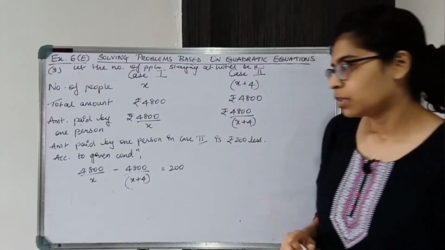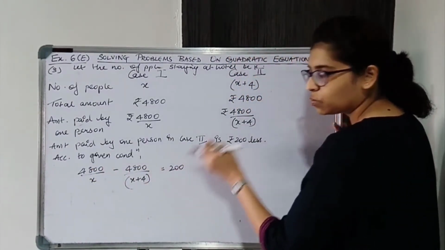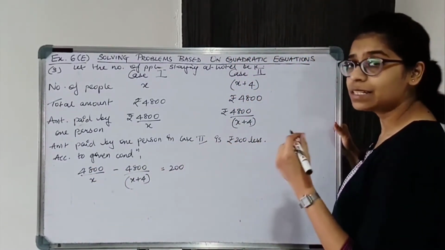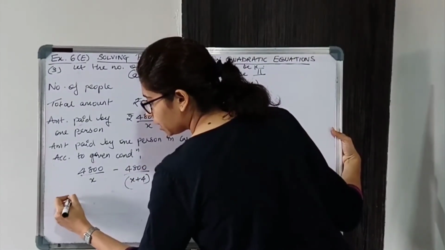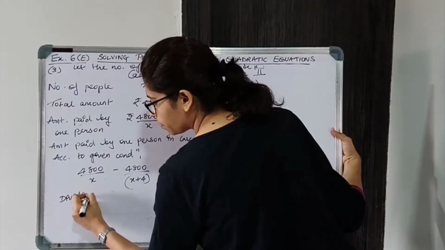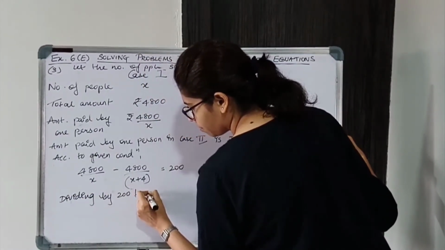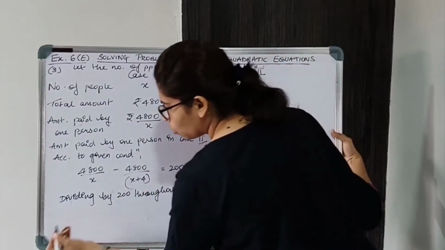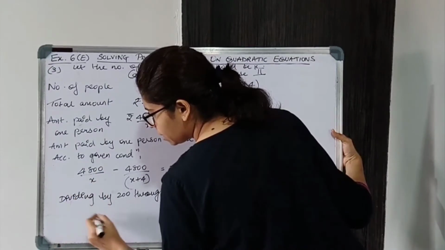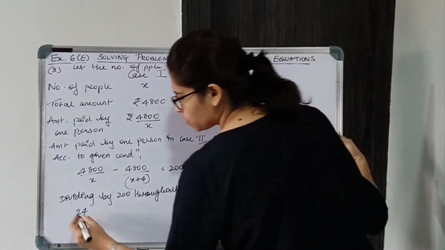Now over here this is divisible by 200, this is divisible by 200, this is divisible by 200. Let's get smaller numbers, it will become easy. So dividing throughout by 200, the zeros will go away.